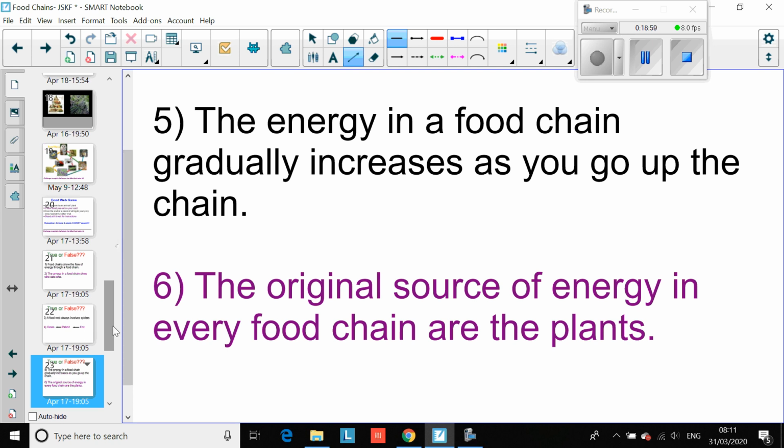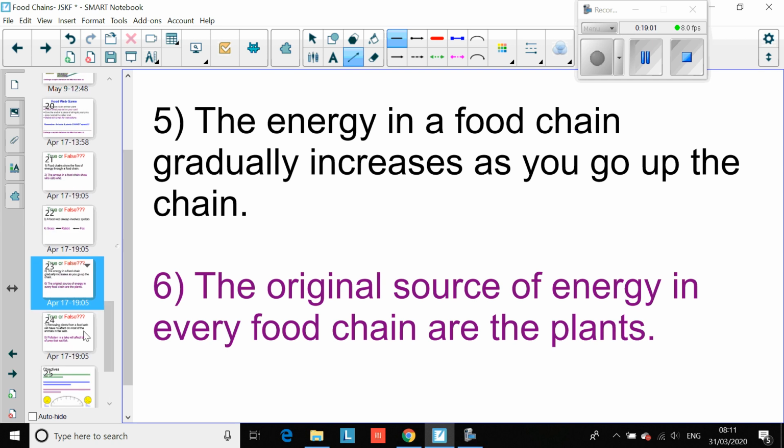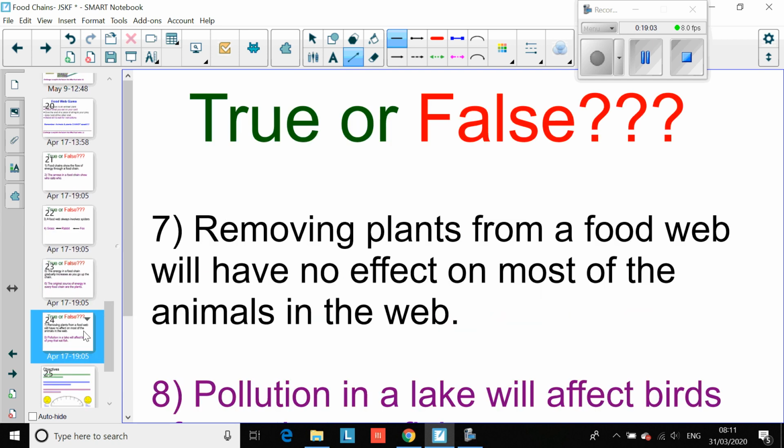Okay. Last one. Removing plants from a food web will have no effect on most of the animals in the food web. Is that true or false? Okay, that one is false. If you remove plants from the food web, it will have a knock-on effect on the populations of animals.